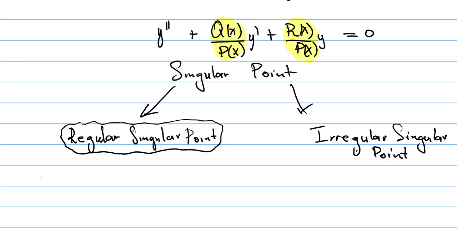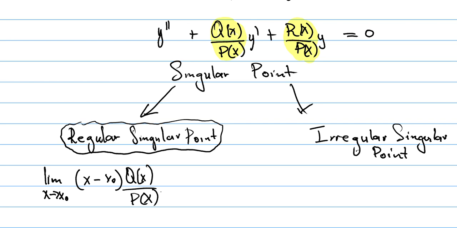You're going to say the limit as x approaches x naught of x minus x naught times your function q of x over p of x.